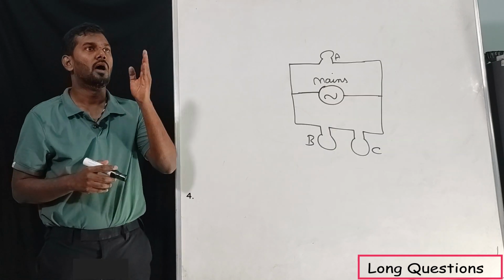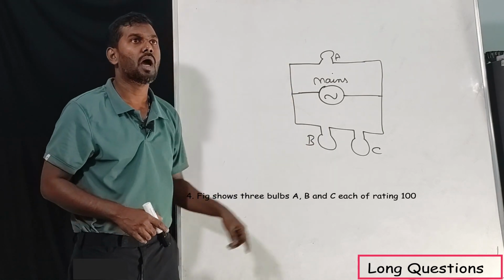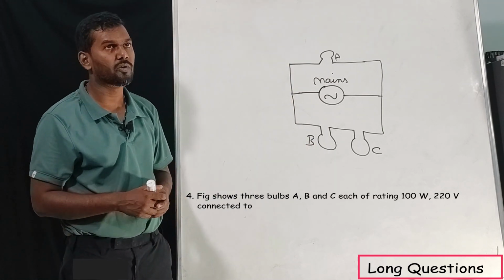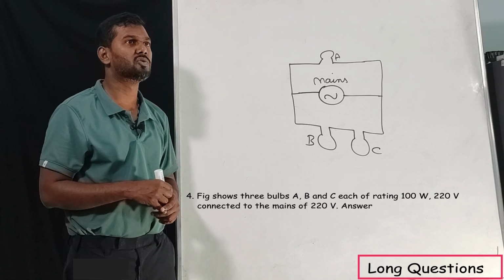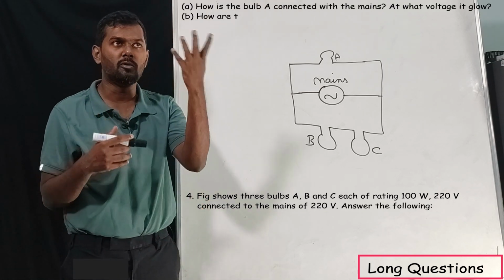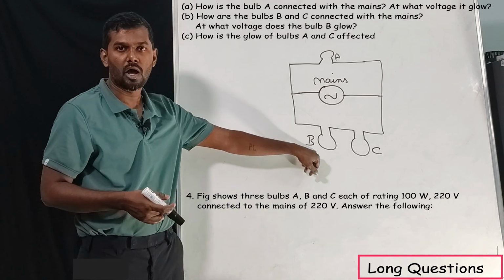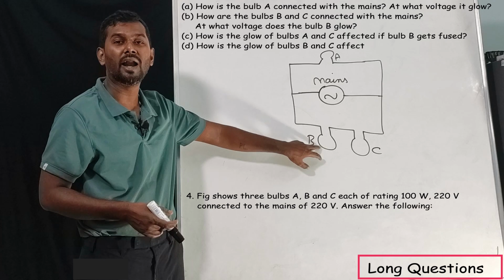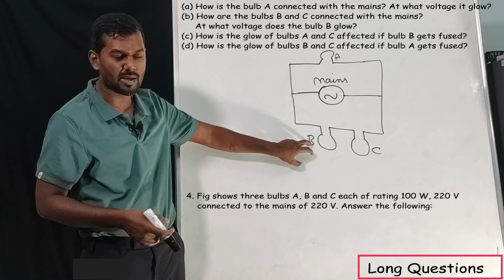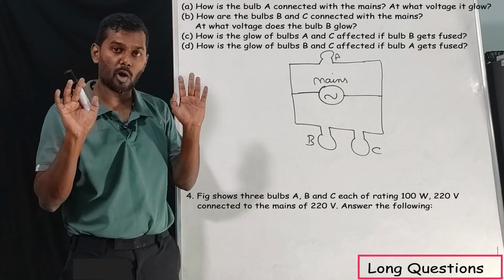Our next question. The figure shows 3 bulbs A, B, C, each of rating 100 watt and 220 volt connected to the mains of 220 volts. Answer the following. Listen, whenever they talk about power 100 watt and 220 volt, don't worry about it. It means the bulb is made with 100 watt capacity, and requires 220 volts to glow properly.